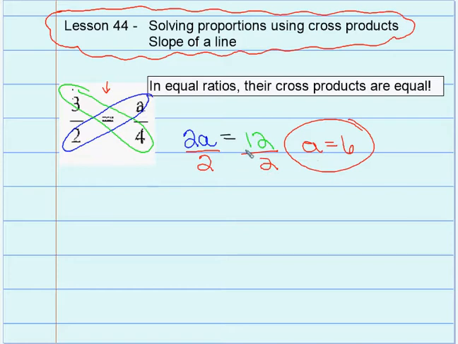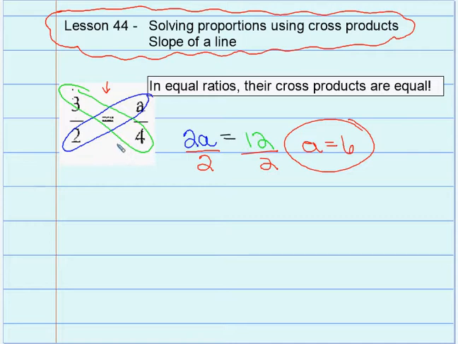Okay? Now, you might think that this is really silly because you know how to solve this proportion. You know how to get the value for a without doing the cross products. But I wanted you to be able to see it on a proportion where you would know the answer.